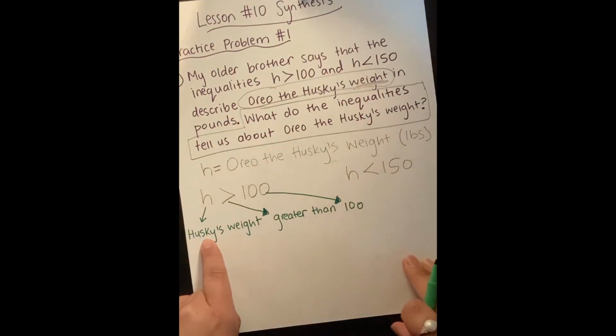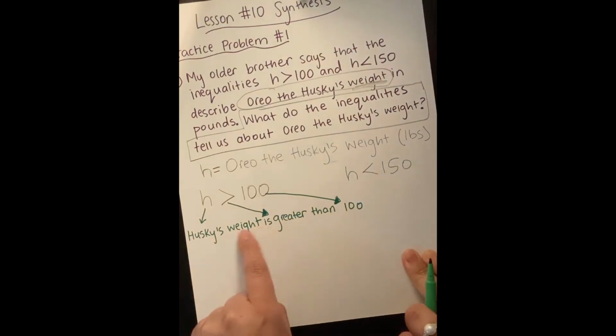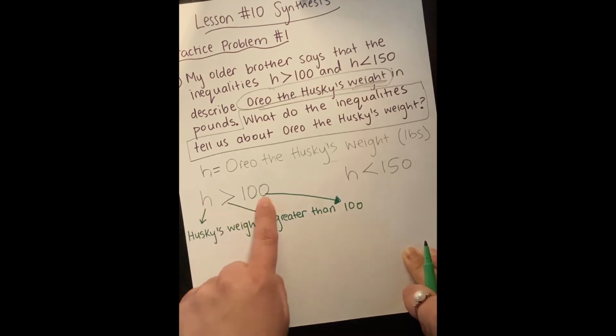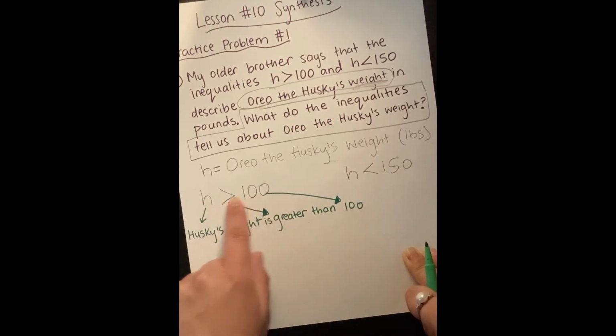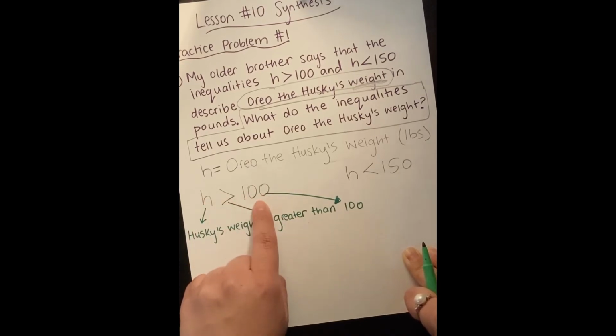So now I have Husky's weight is, I'm going to slip in that is there, Husky's weight is greater than 100. Oh, I'm starting now to understand a little bit more about how this is describing the Husky's weight. His weight is greater than 100 pounds.